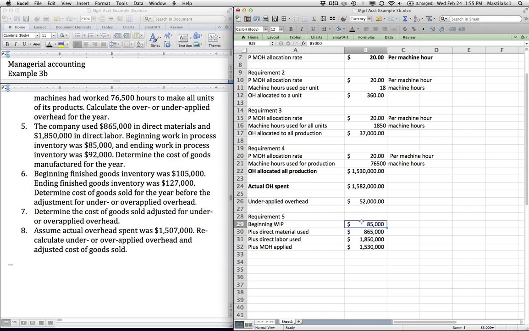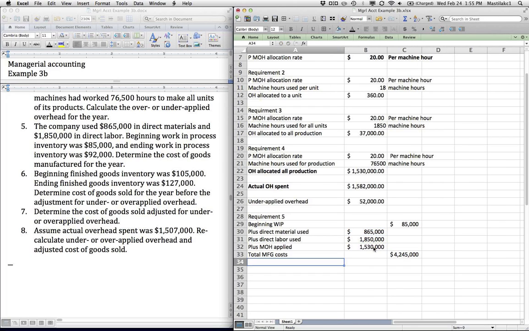So I'll move this over here to make the subtotals a little bit better. So we start with $85,000 of work in process. The work we do during the year, the total manufacturing costs, is the sum of direct material, direct labor, and manufacturing overhead applied. So that's $4,245,000. So that gives us our total WIP, the $85,000 we start with, plus the $4,245,000.